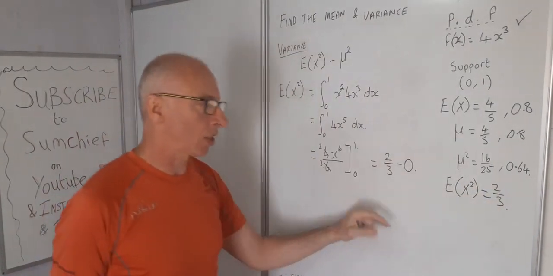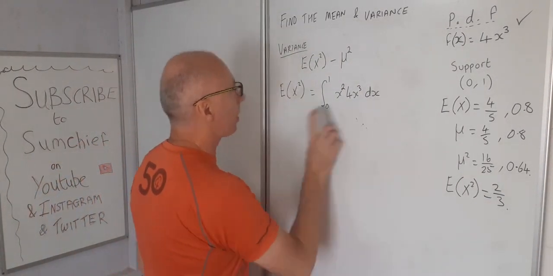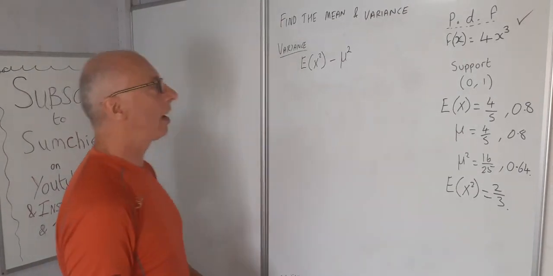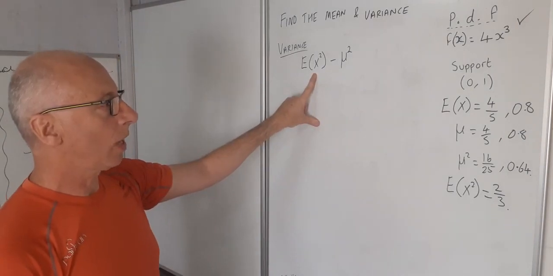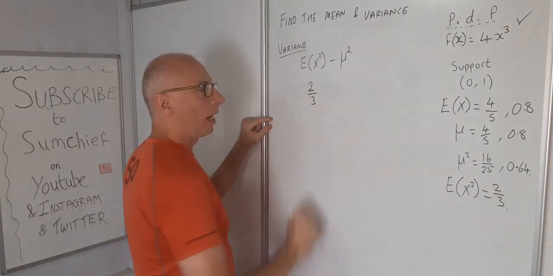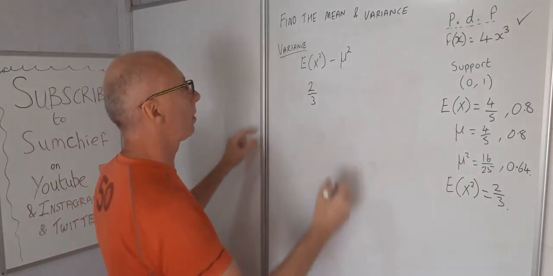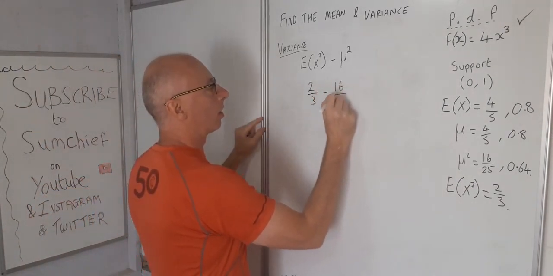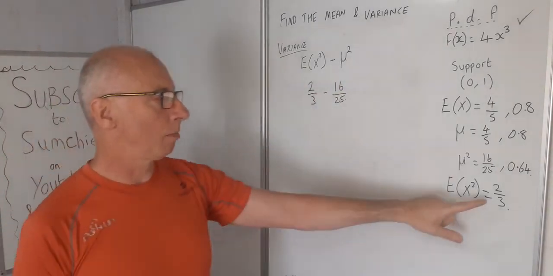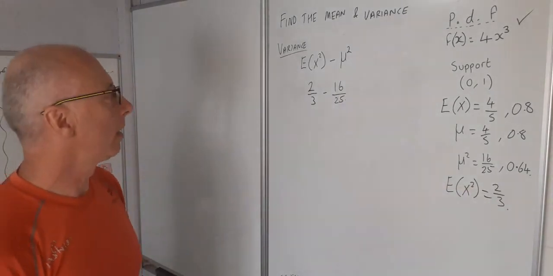Now I won't write that as a decimal because that's just going to be a 0.6 recurring. Okay, so now we've got that, we can calculate our variance. We've got E of X squared, which is 2/3, and our mu squared, which is 16 over 25. Now we know that this is going to be a small number because 0.64 and 0.66, there's not much in it.